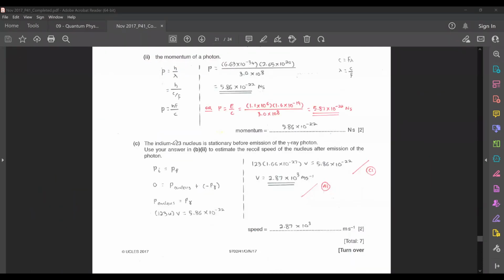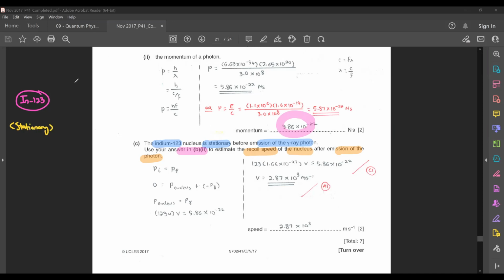For the last part, the indium-123 nucleus is stationary before emission of the gamma ray photon. Use your answer in B2, which is the one here, to estimate the recoil speed of the nucleus after the emission of the photon. So let's just consider this. Initially, you had the indium-123 nucleus that was stationary.